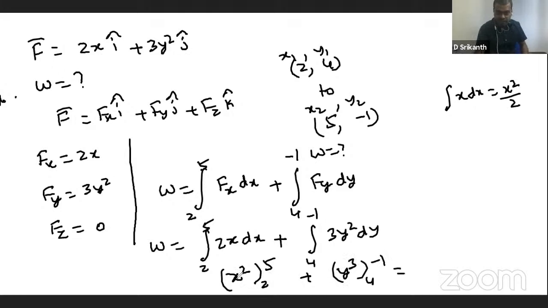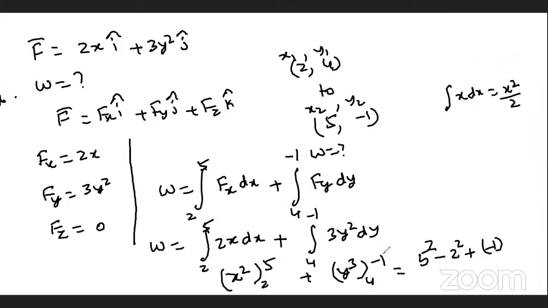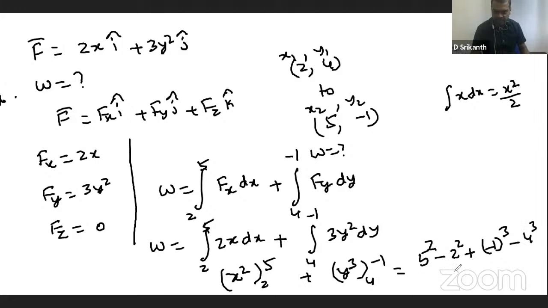Now we substitute the values: final value minus initial value, so in place of x we get 5 square minus 2 square, plus in place of y final value -1 whole cube minus initial value 4 cube. So 25 minus 4, minus 1 minus 64. Correspondingly we get 25 minus 69, approximately minus 44 joules.